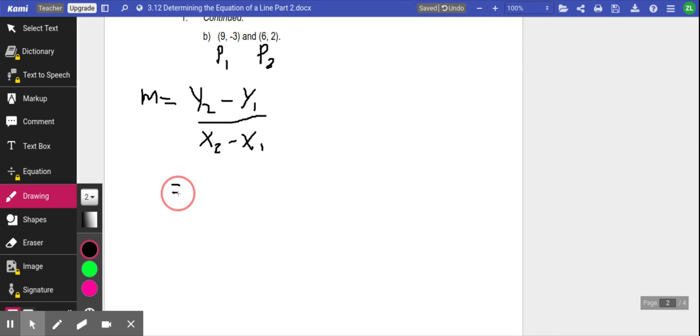And then we fill in the following. So y2 being over here, which would be 2, subtracted, or we subtract negative 3.